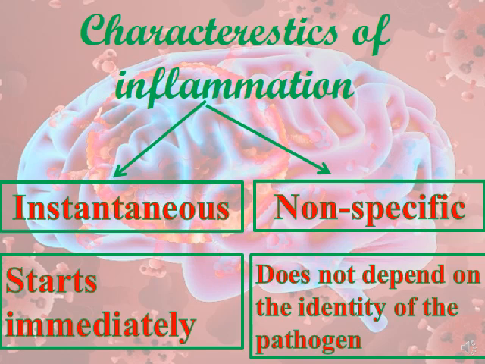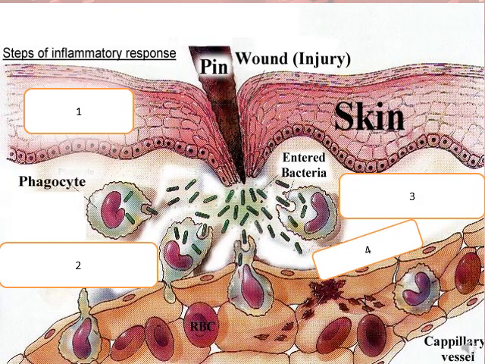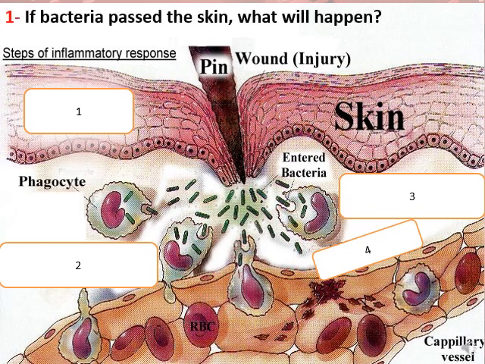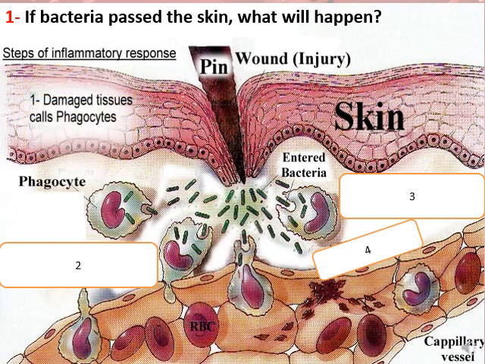So it moves toward it and will kill it. So it's non-specific. Here we have the steps of the inflammatory response, where we have a pin or wound injury through the skin. So bacteria pass the skin. Whenever it passes through the skin, the damaged tissues cause the phagocytes to come.